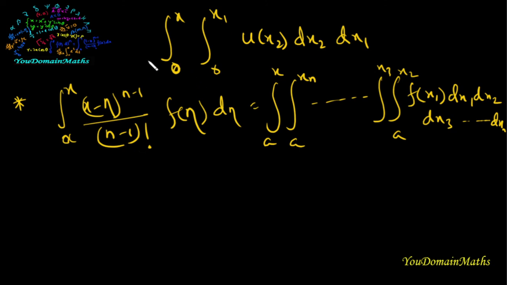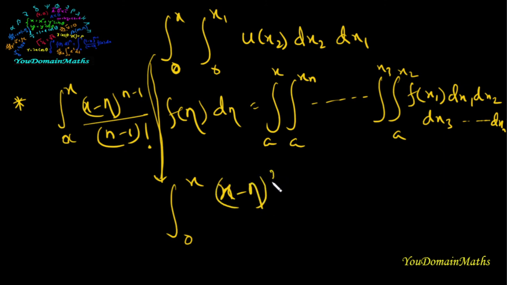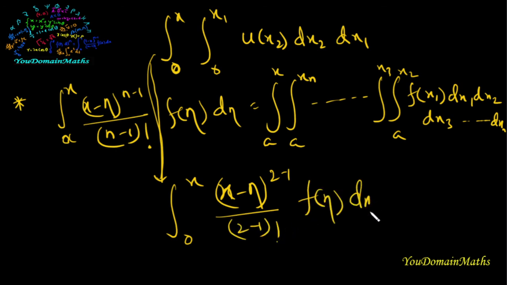So if we rewrite this, 0 to x the limit, and (x minus eta) to the power 2 minus 1, divided by 2 minus 1 factorial, and f of eta d eta.